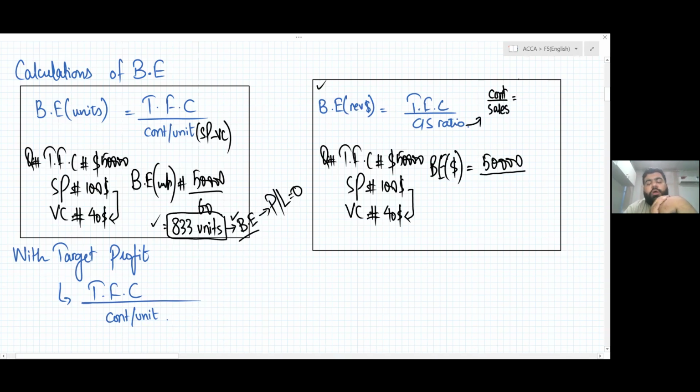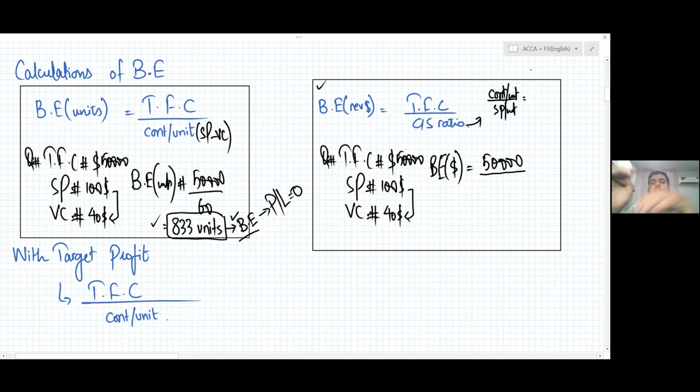If you have total contribution in the question, if they've given you total contribution, then take total sales in the denominator. If the upward value is total, the downward will be total. But if you are using contribution per unit, as in this question, where we can calculate per unit contribution 100 minus 40, then at the bottom you will not use the total sales, you will use the selling price per unit.